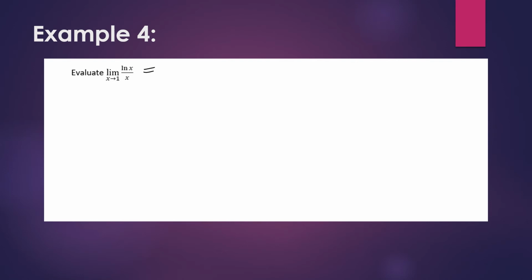The ln of 1 is 0 over 1. This is 0. No L'Hopital's rule needed. So in fact, if you use L'Hopital's here, you're actually going to get the wrong answer. I believe if you use L'Hopital's here, you're going to get 1. And the answer should be 0. So remember, check to make sure you're getting an indeterminate before you apply L'Hopital's rule.